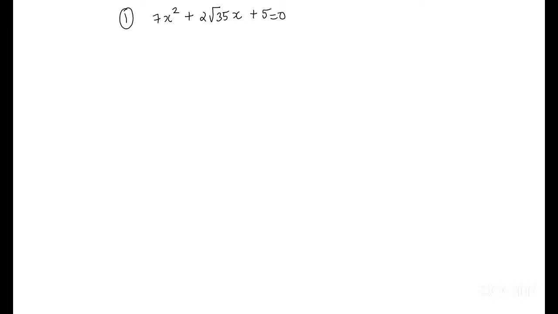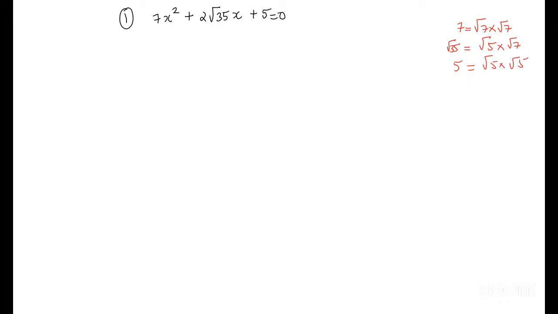So you should know that 7 can be written as root 7 multiplied by root 7. Root 35 can be written as root 5 into root 7. And 5 can be written as root 5 multiplied by root 5. Okay, before doing this, you can write it down on the side of your copy also.